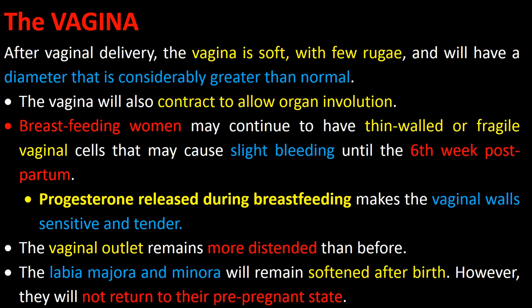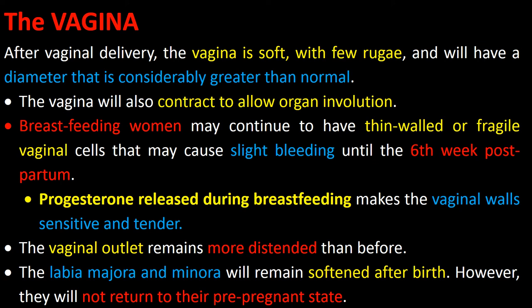The vagina will also contract to allow organ involution. So, hindi lang po uterus at cervix ang nagko-contract, even the vagina will also experience contractions for it to return to its normal size. Remember that breastfeeding women may continue to have thin-walled or fragile vaginal cells that may cause slight bleeding up until the 6th week of postpartum.